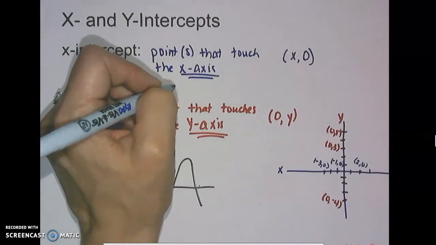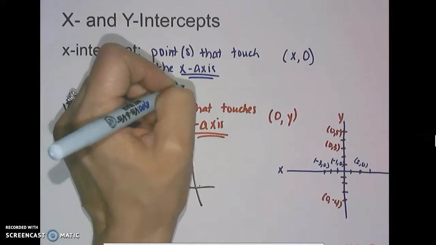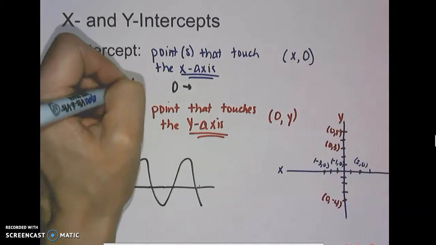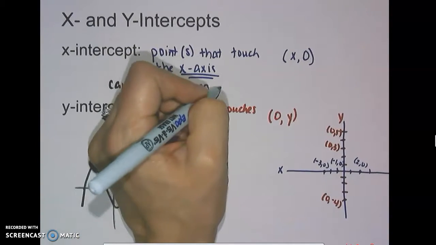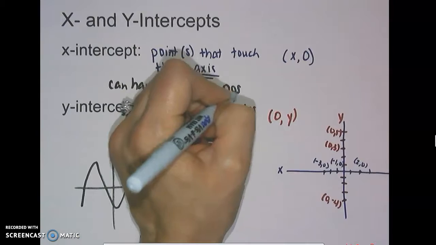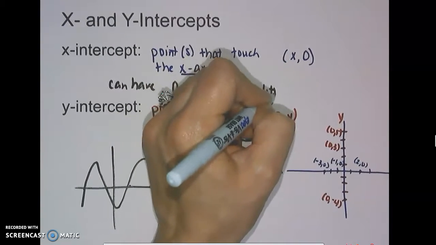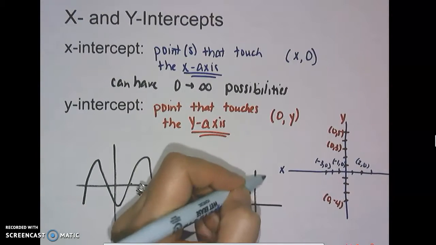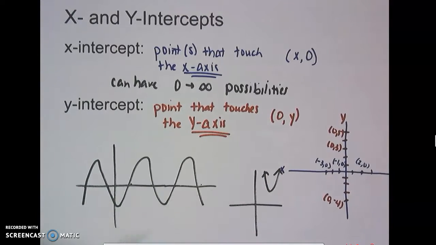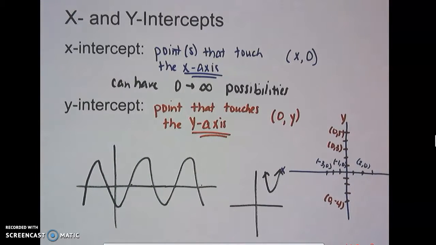So we can have 0 to technically infinite possibilities. Okay, you could have 1 x-intercept, 2, 3, 4, 5, 10, 12, 17. You could also have none. It could also be the case that if you have a graph, it's not going to cross the x-axis at all, and then it would have no x-intercepts, and that's also possible.